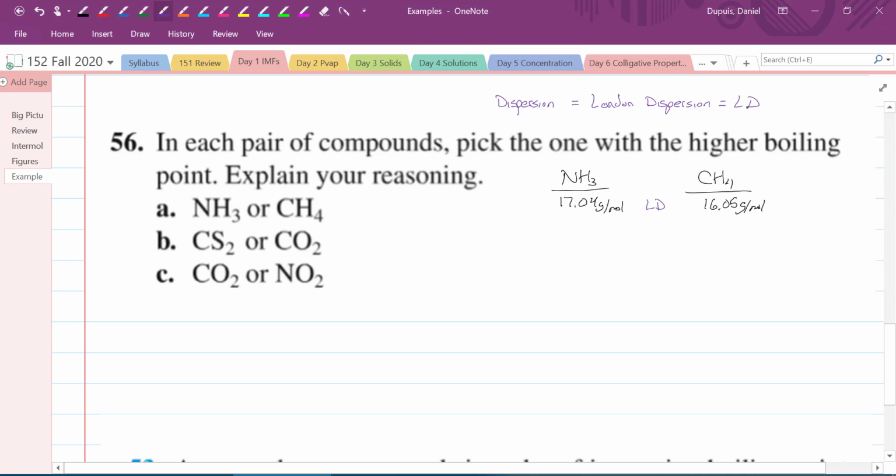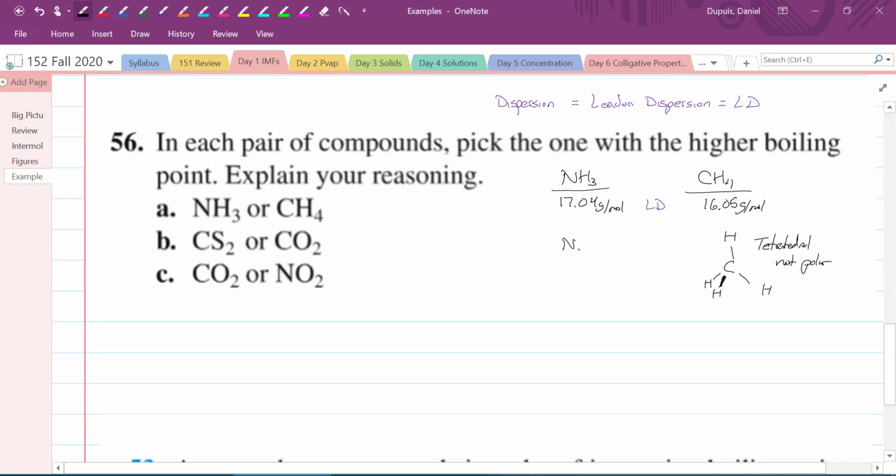Now, methane is tetrahedral, right? It's tetrahedral, and it's not polar.